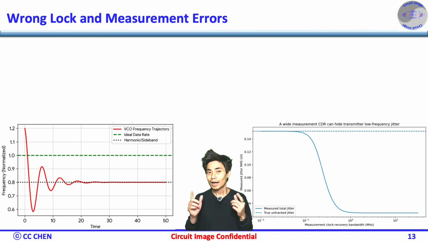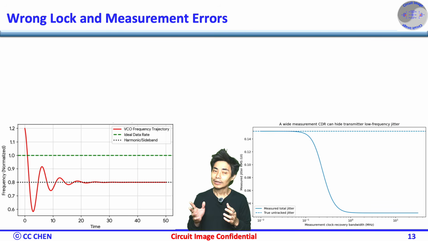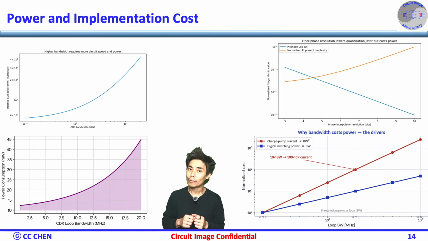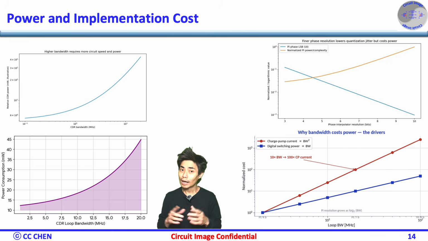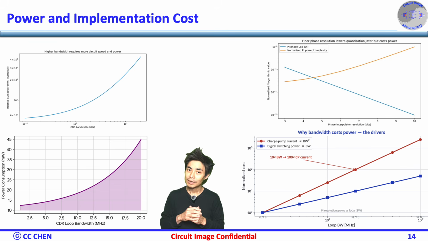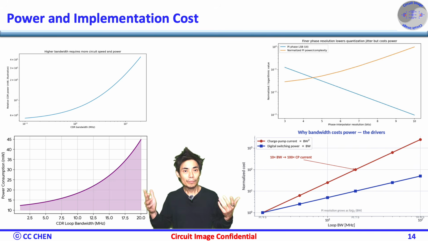This is why compliance measurements often define the clock recovery bandwidth. The result changes with the bandwidth you use. But in terms of power and implementation cost, more bandwidth is not free. To increase bandwidth, we may need larger charge pump current, faster digital updates, finer PI resolution, low latency logic, stronger clock distribution, or a faster oscillator control path.